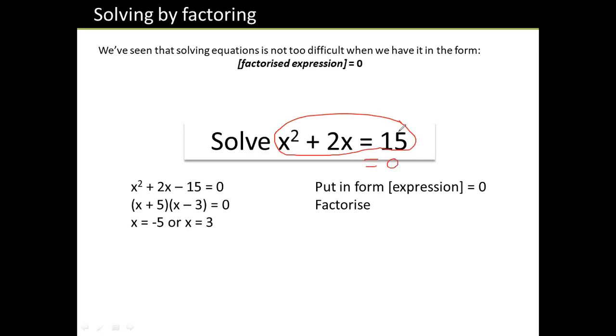So we transpose 15 to the left-hand side, following the standard form ax squared plus bx plus c equals 0. And then we factor: x plus 5 and x minus 3 equals 0, so x equals negative 5 or x equals 3. And those are the roots of the equation.